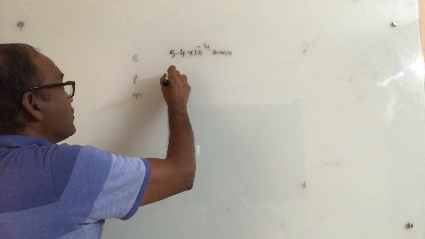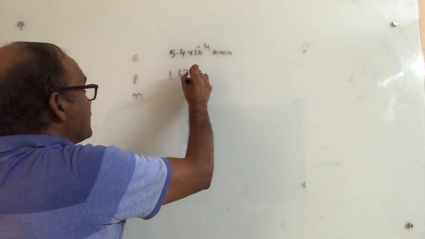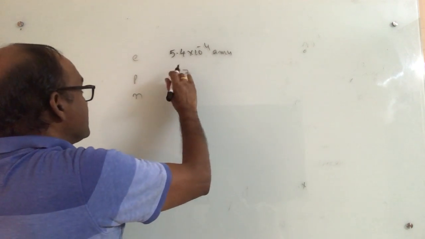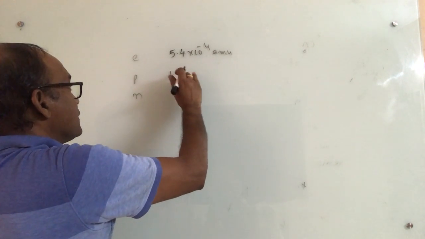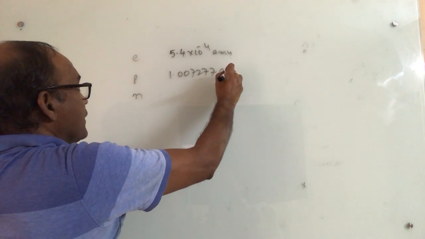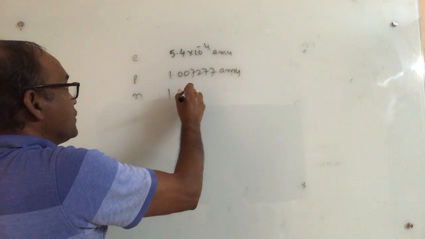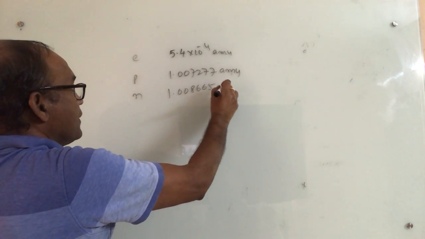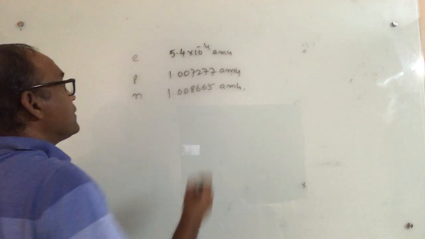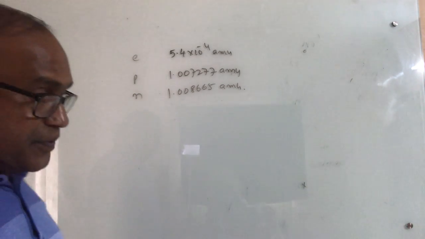So this is 1.6 7 6 mu, 6.007 mu atomic mass unit, and 1.008665 mu.